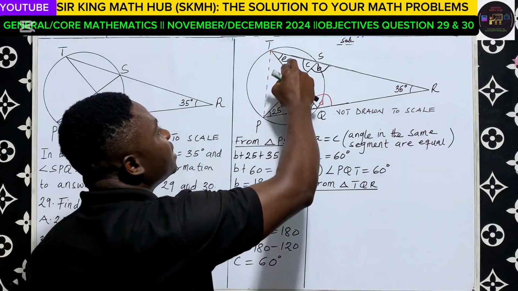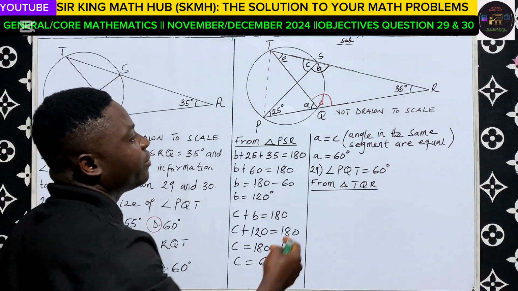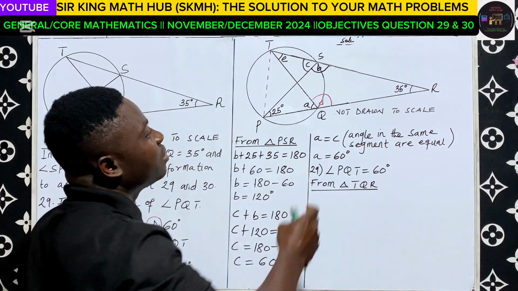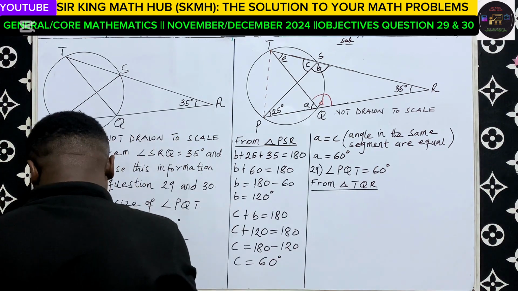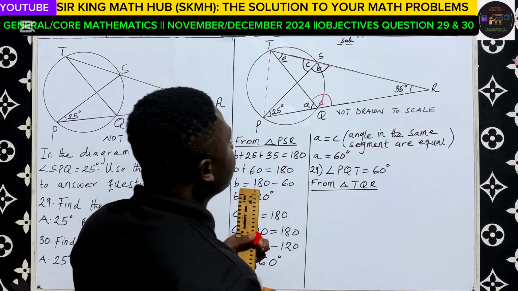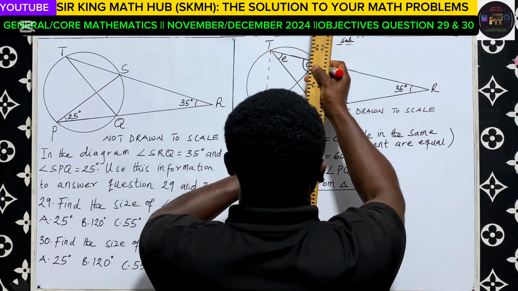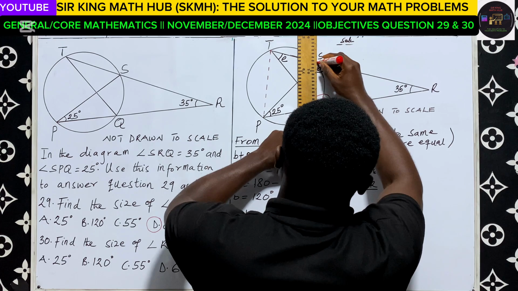Again, we can recall the same property. We have an arc SQ, or again, we can draw the invisible chord, chord SQ.